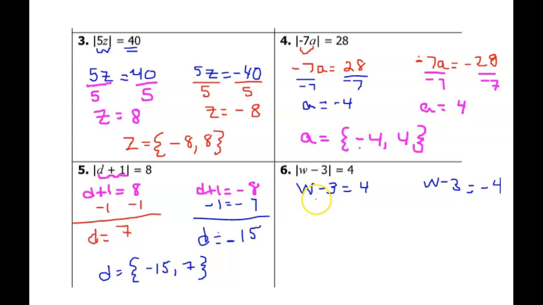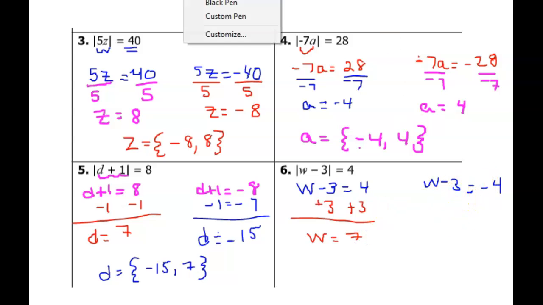On the left side, I'm going to add 3 to both sides, okay? So I would end up with W equals 7. On the right side, I'm going to solve that equation, and I'll be adding 3 to both sides.